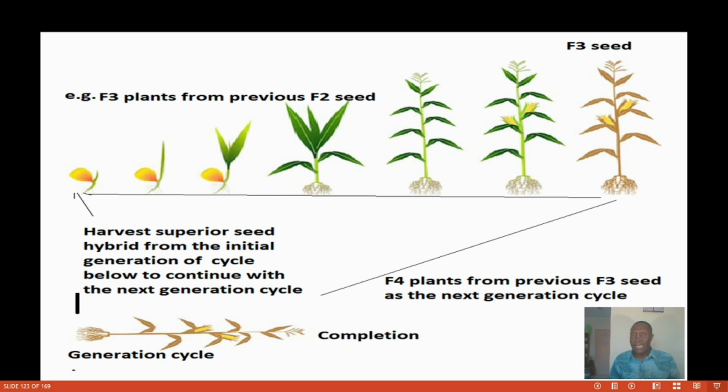So basically, in that cycle, we have to remember this, that if, let us say, the generation cycle was F2, that F2 will go through the entire process just like this one here, and then we get the F2 seed harvested and started in the next cycle of generation, to being planted and then going through this, and you can see the importance of the chronological order method of evaluation.